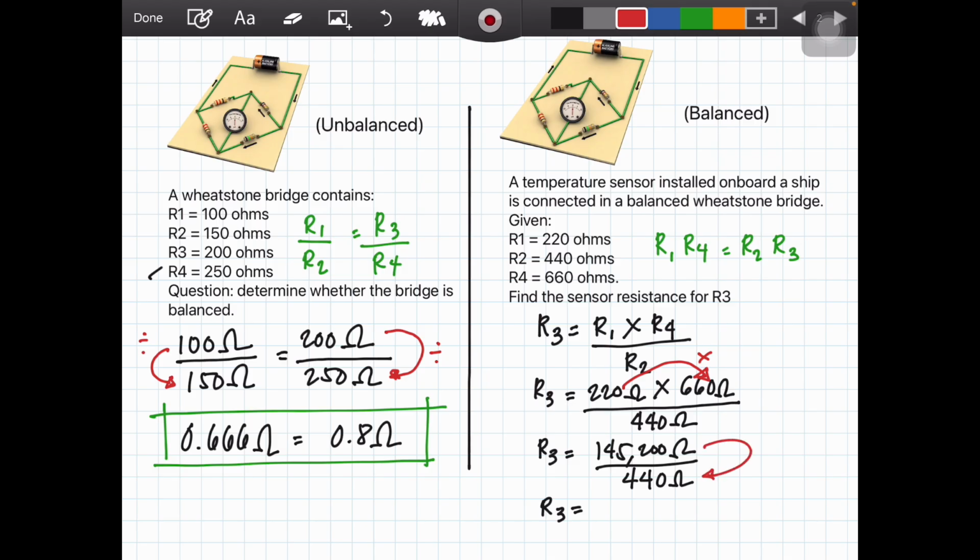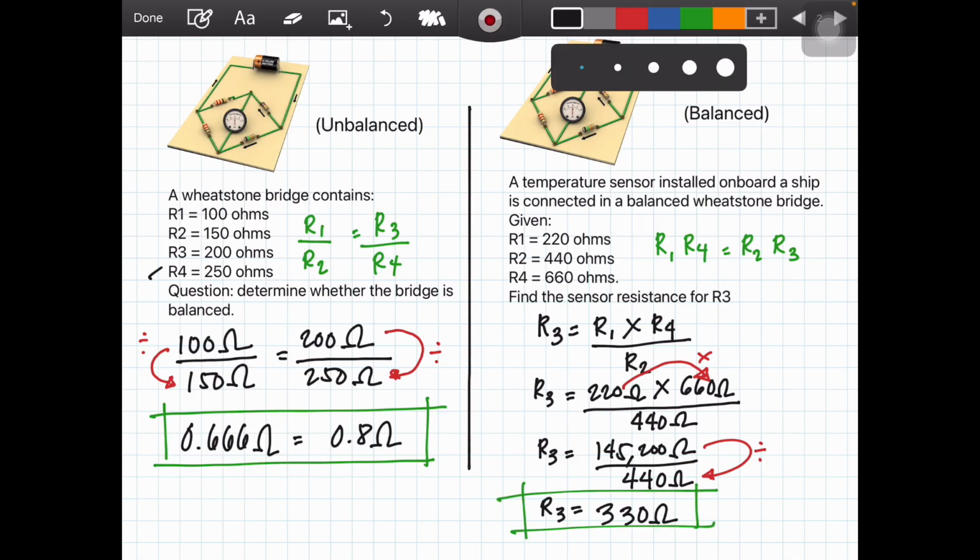This time it is division. The result is 330 ohms. We have an R3 already. So R3 is 330 ohms.